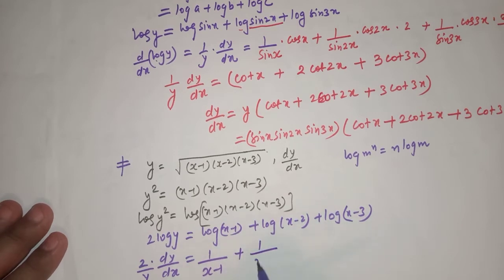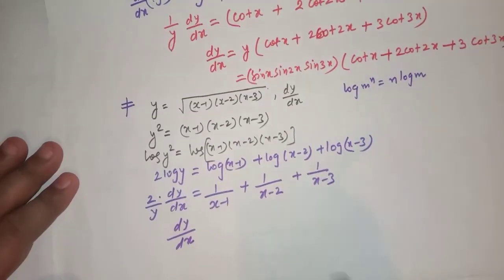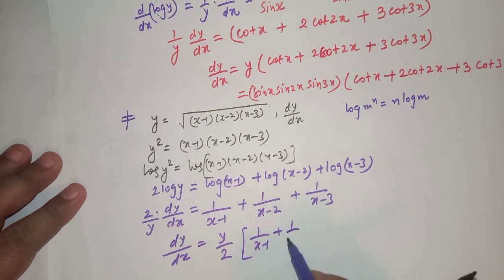Similarly, here we have x minus 2 and here we have x minus 3. Now we'll take this y to this side, and we have dy over dx is equal to y over 2 times 1 over x minus 1 plus 1 over x minus 2 plus 1 over x minus 3.